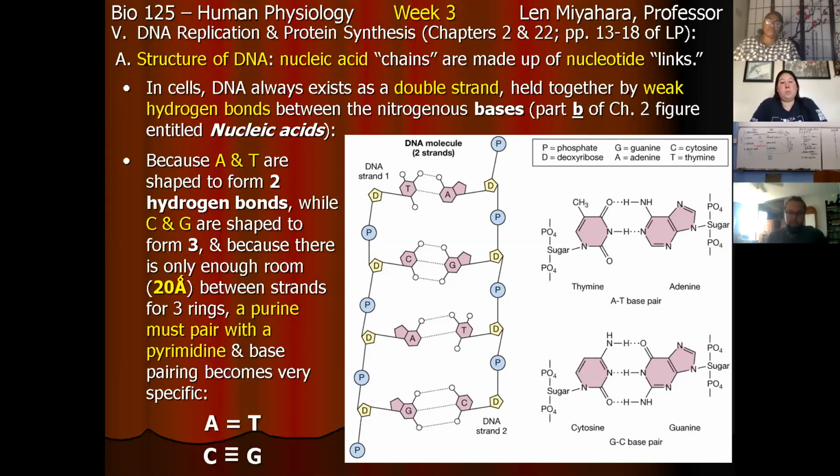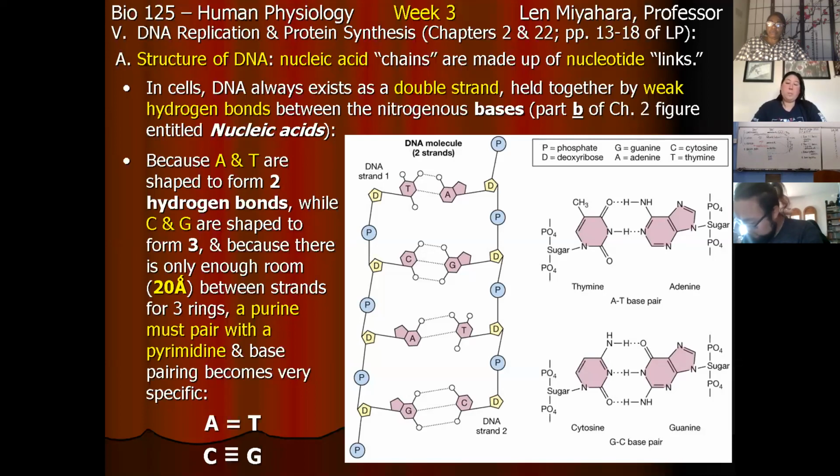A always goes to T with 2 hydrogen bonds. C always goes to G with 3. And that's what I wrote down here for the DNA nucleotides. A's always go to T's with 2 hydrogen bonds. G's always go to C with 3.